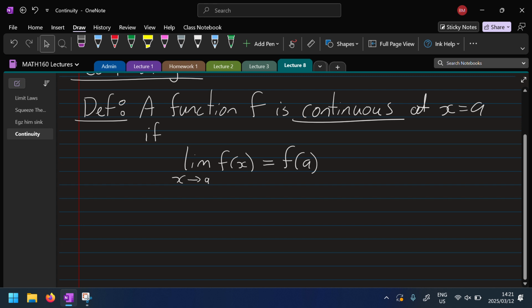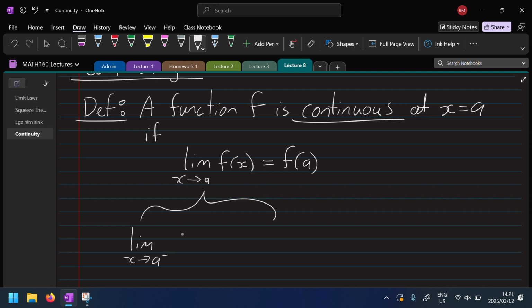So this limit as x goes to a, what we really mean is the limit as x goes to a minus and x goes to a plus. So this actually means the limit as x goes to a minus is equal to the limit as x goes to a plus. Okay, we covered that on the Thursday.